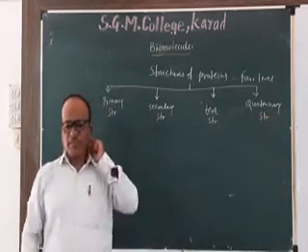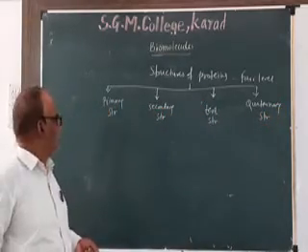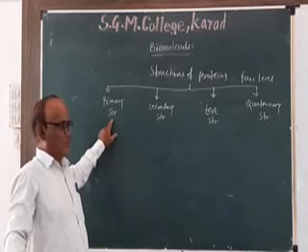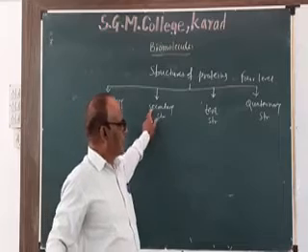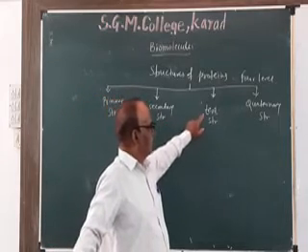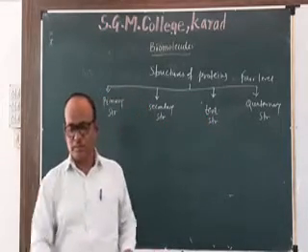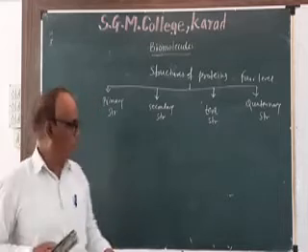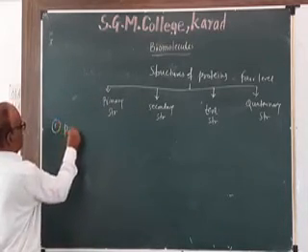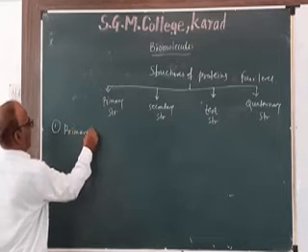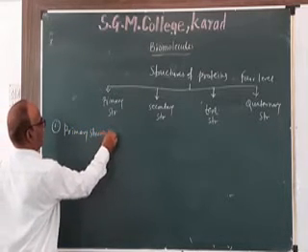All these 4 types we have to study in detail: the meaning of primary structure and how it is formed, then what secondary structure is and how it is formed, then tertiary and quaternary structure. First, the primary structure of proteins.